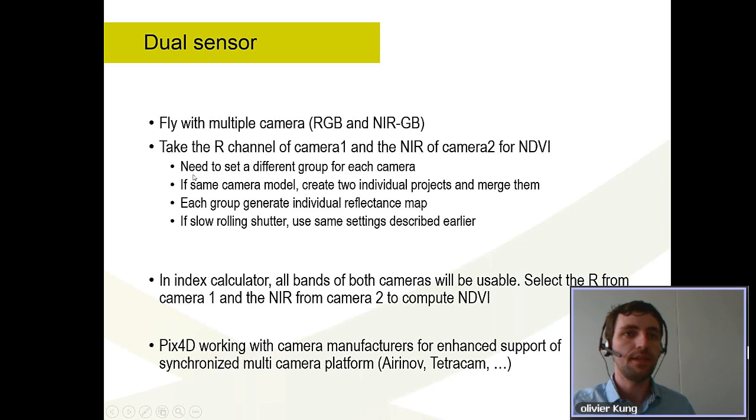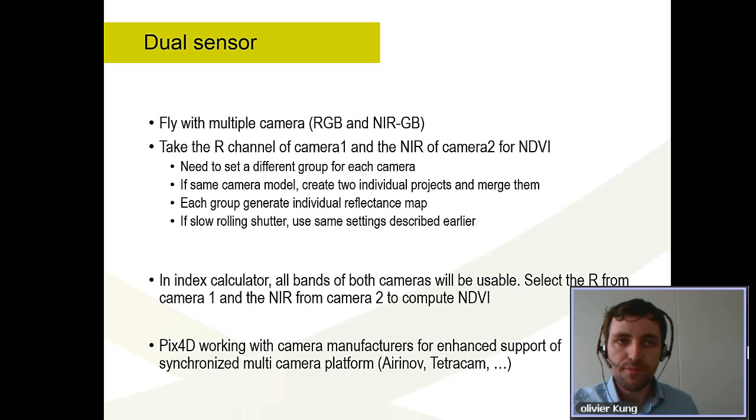The first thing is that you need to set, during the creation of the camera, a different group for each camera. This will let the software know that these are different types of channels that should not be interpreted together and merged together.